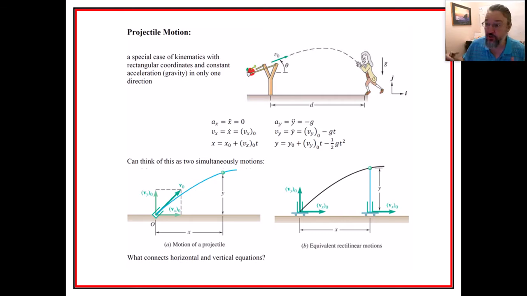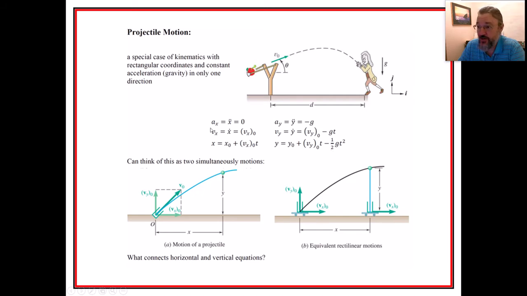Now, it's not completely independent. We'll see there is something that sticks them together. But we can think of projectile motion, which has an arc. That's a really important thing. The motion in the y direction is just gravity. It's a constant acceleration problem in a single dimension, and that acceleration is downwards gravity.